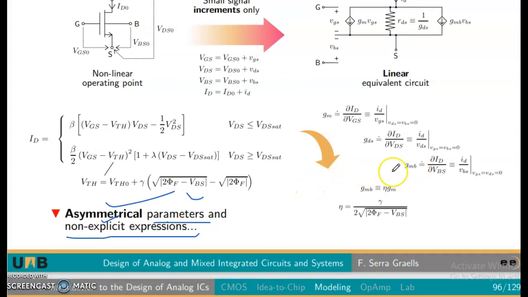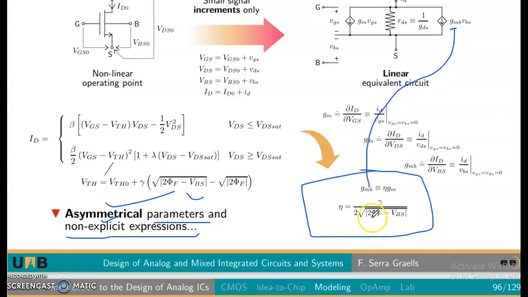Here GMP equals mu GM, where mu equals gamma divided by 2 root of 2 phi f minus VBS.